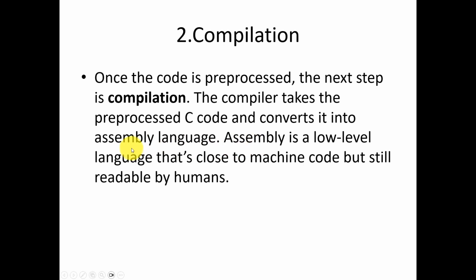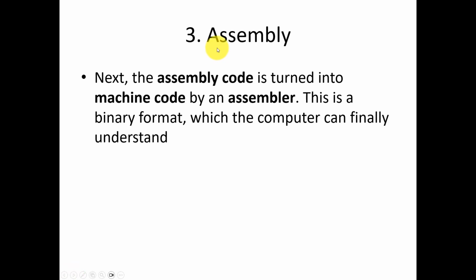This assembly file is still readable by humans, but it's close to machine code because assembly language is a low-level language. So this is the next step, compilation, when the compiler converts the preprocessed code into assembly language.